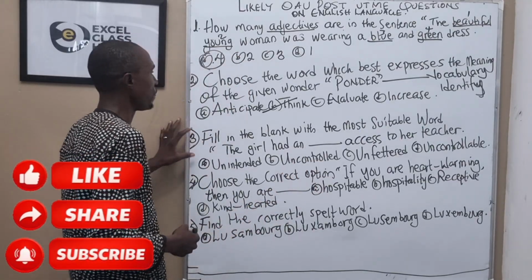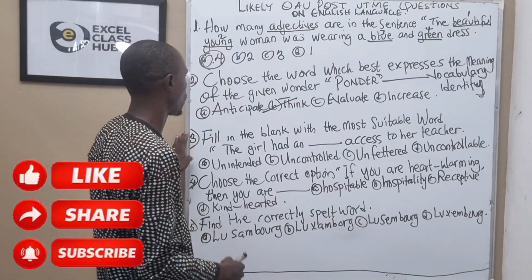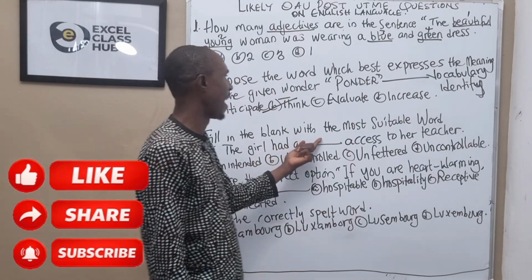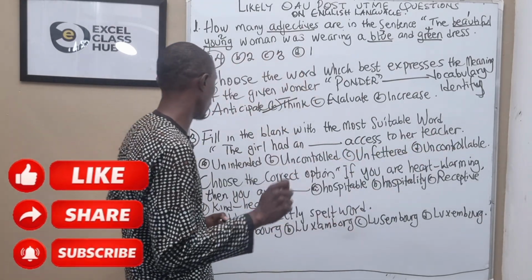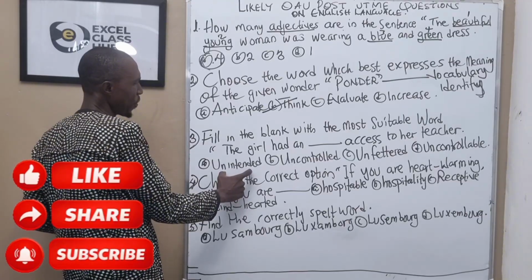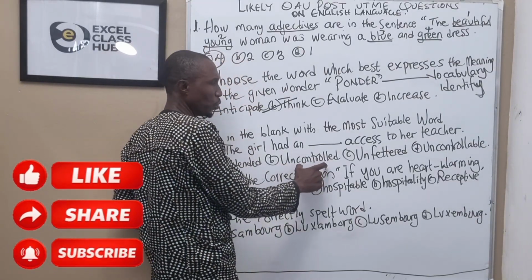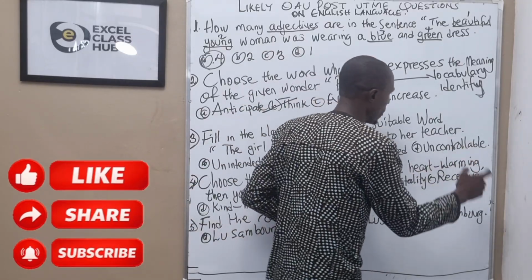Number 3, fill in the blank with the most suitable word. The girl had dash access to a teacher. Now, take note of something. We have unintended, we have uncontrolled, we have unfiltered, and we have uncontrollable.